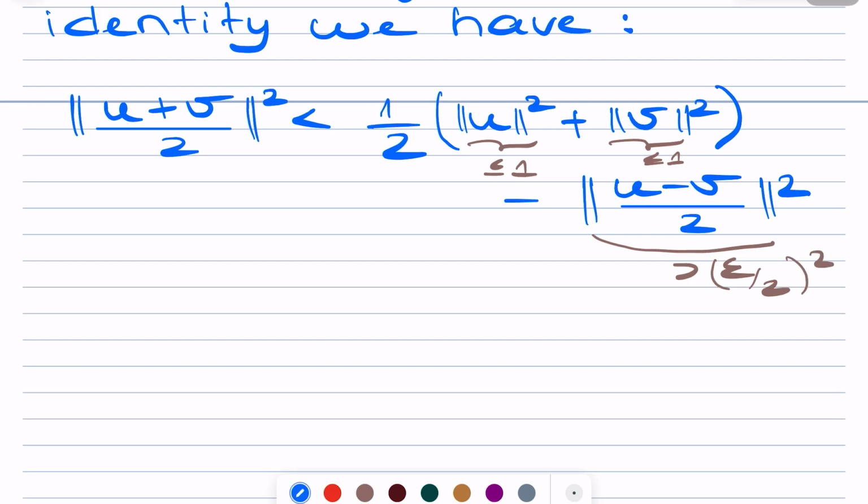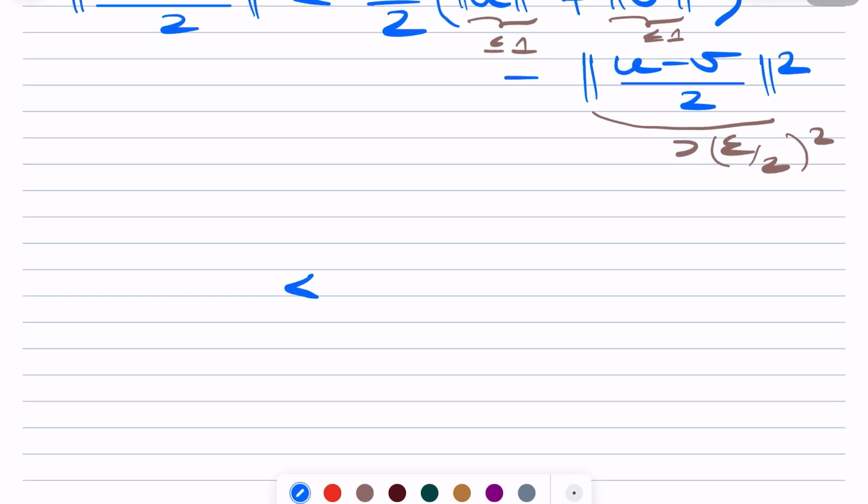So this is strictly less than 1 minus epsilon squared over 4.